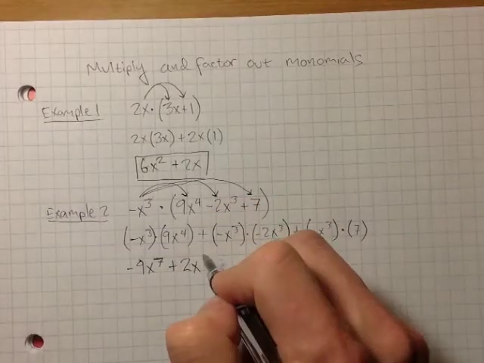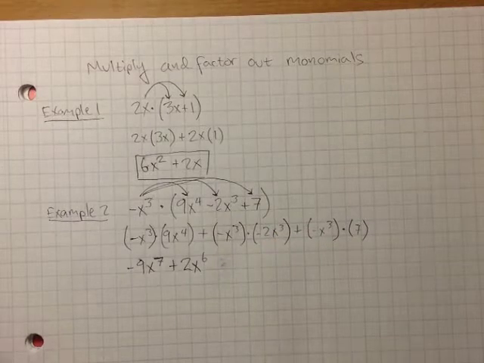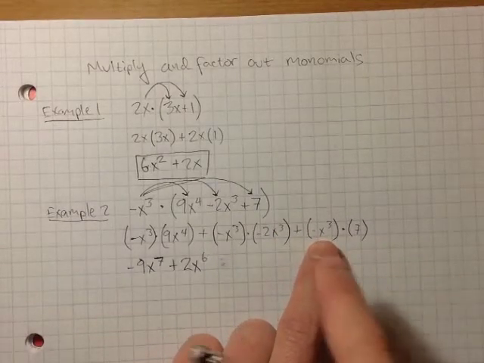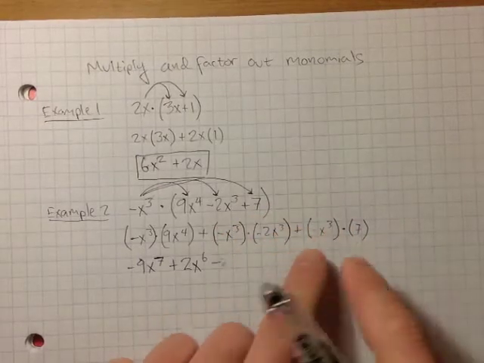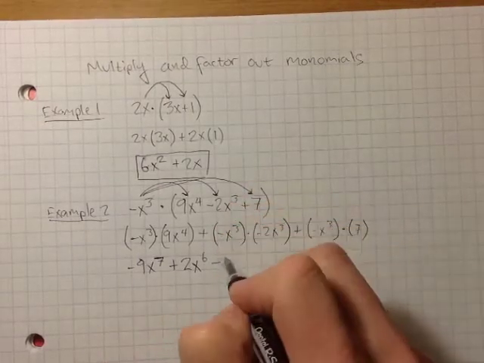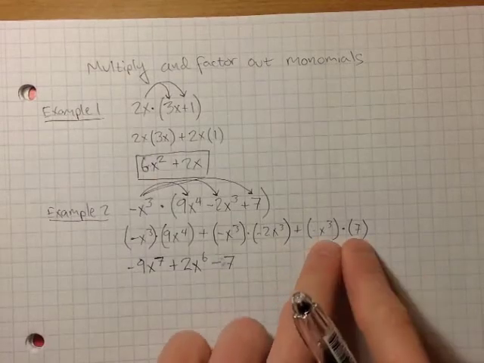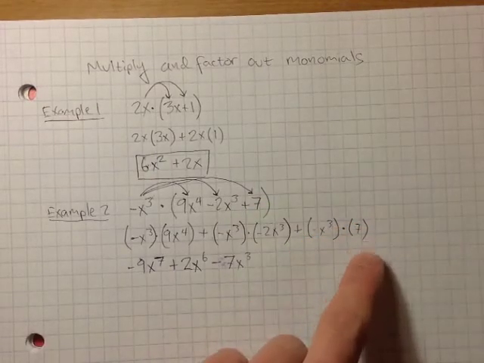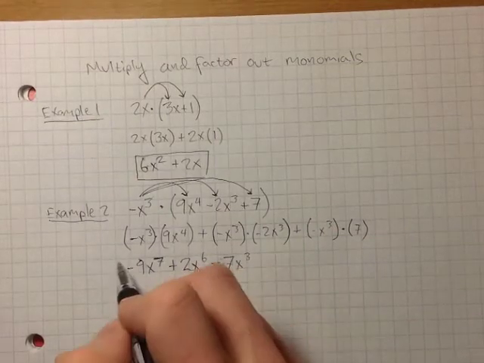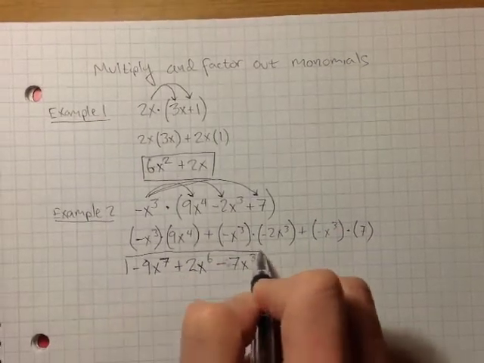So 2 times x to the 6th power. Now let's look over here. We have a negative times a positive, so the result is going to be negative. There's going to be a negative 7, and then x cubed, because there is no x over here. Okay, so that is the result of multiplying.